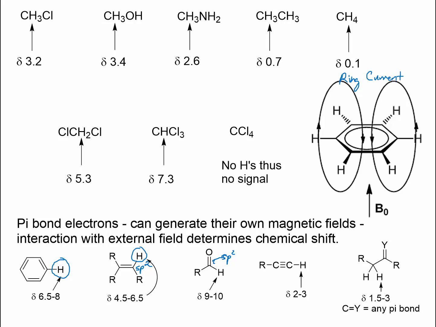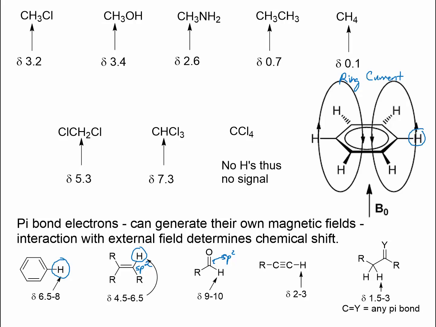And these pi bonding electrons create a situation where things adjacent or just outside the ring align with the magnetic field and have a high chemical shift, and things that hang above the benzene ring, there are structures that you can generate that do have this property, have artificially low chemical shifts because they're opposing the magnetic field.